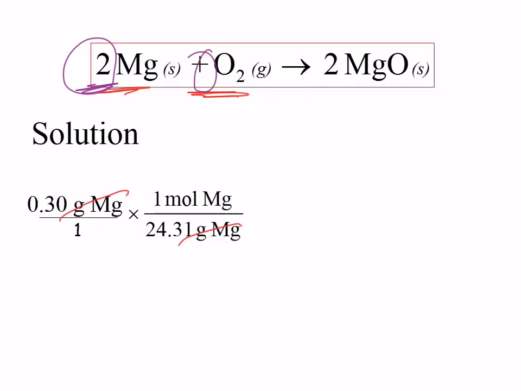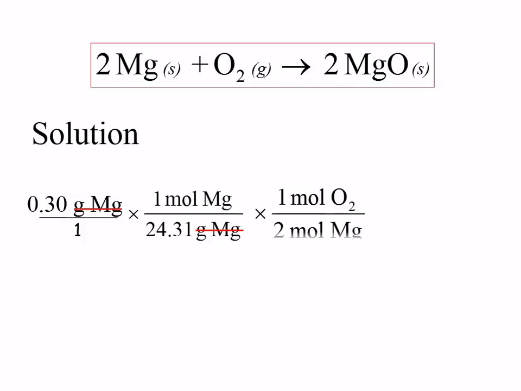It'll be 1 mole of O2 in the top, and then what will be in the bottom? Because we want moles of magnesium to cancel, this is where we go with our stoichiometric ratio. Yep, Mg. 2 moles Mg in the bottom. Yep.